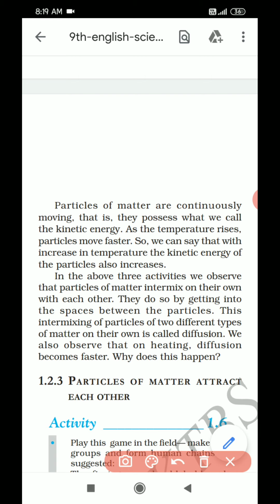The reason is that whenever there is an increase in temperature, meaning hot water, or a decrease in temperature, meaning cold water, whenever the temperature increases, the kinetic energy of the particles also increases. As I said earlier, kinetic energy means motion or movement of the particles. Remember guys, whenever the temperature is high, the particles of matter will move very quickly.